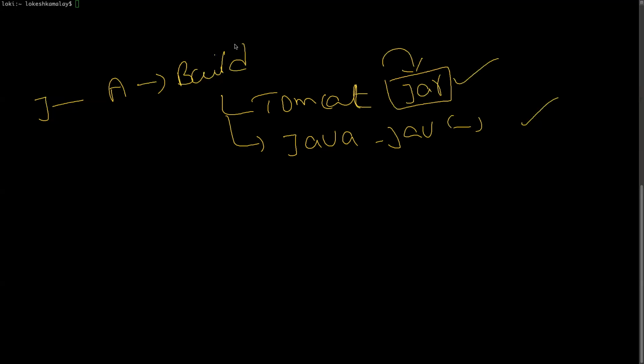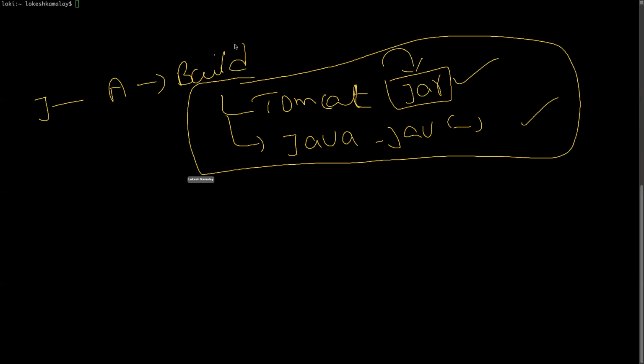That is how the deployment process happens, right? So same process, rather than deploying this on Tomcat in a VM, we can deploy this into an image itself. So why do we use this? What is the purpose of that?